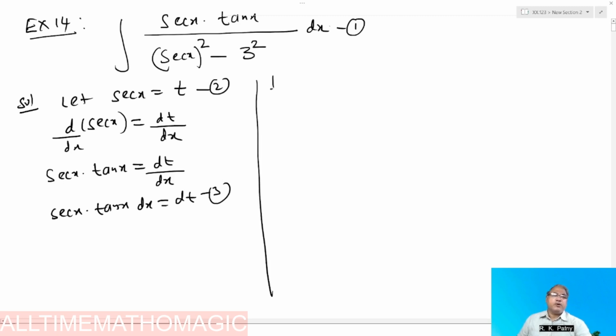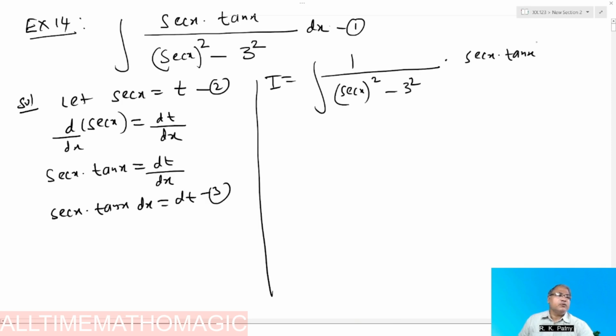Therefore the given question becomes, rewriting, this is nothing but sec x whole square minus 3 square into sec x into tan x dx.